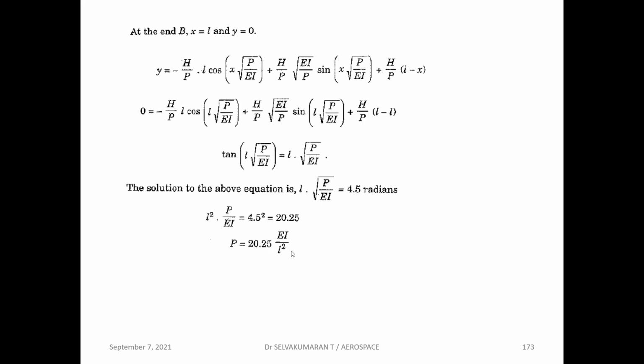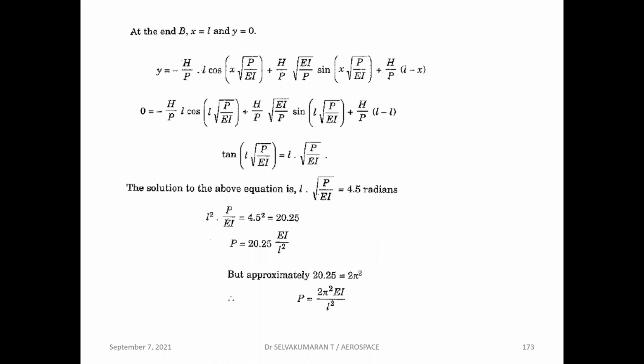This 20.25 can be approximated to 2 pi square. So we write the P critical load formula as 2 pi square EI by L square when one end is fixed and the other end is hinged.